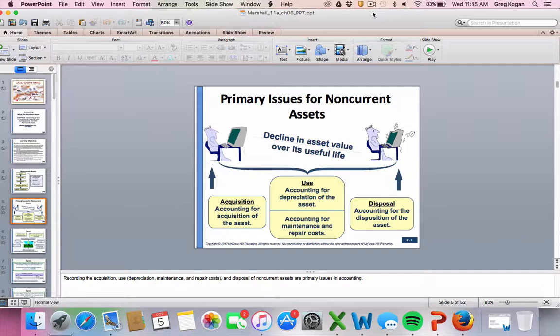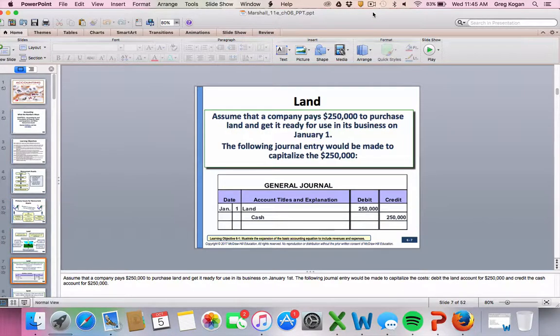What we're going to go over is what happens when you purchase these assets, what happens as you use them, what is depreciation, and how to do the accounting for depreciation is the main focus of this section. Now, in terms of purchases, when we purchase something, what does it mean to capitalize it?